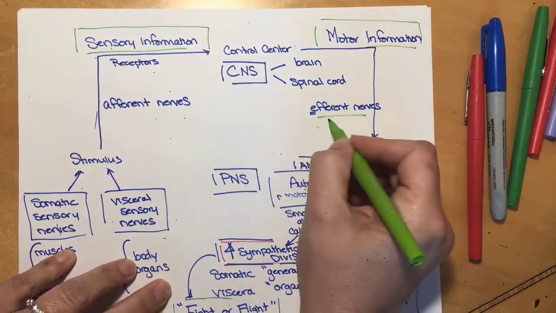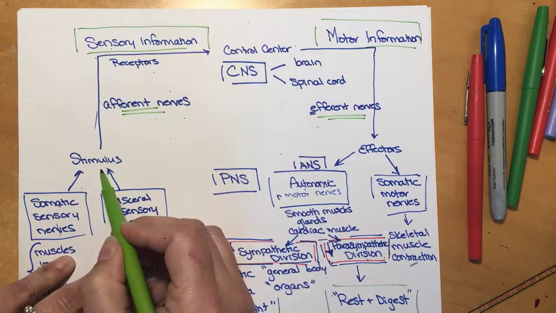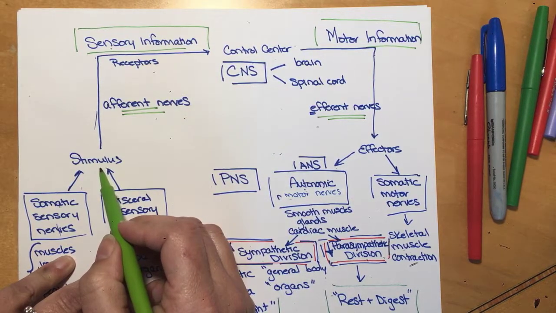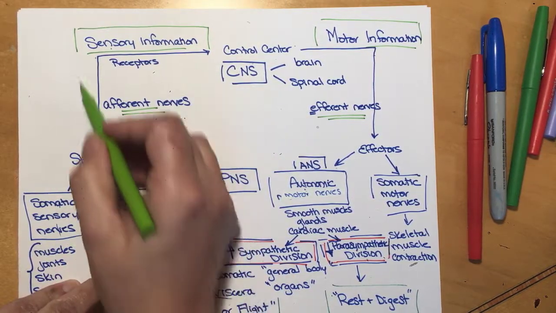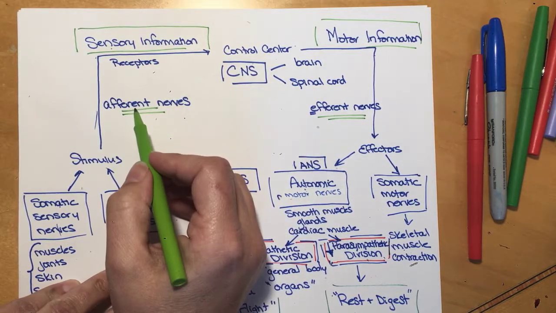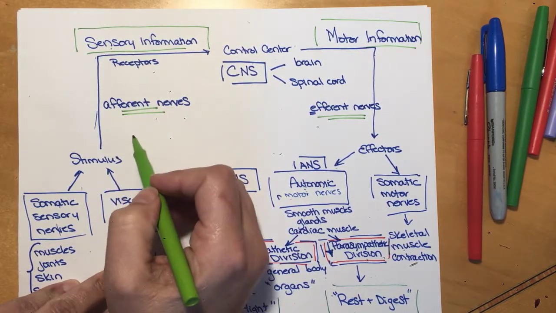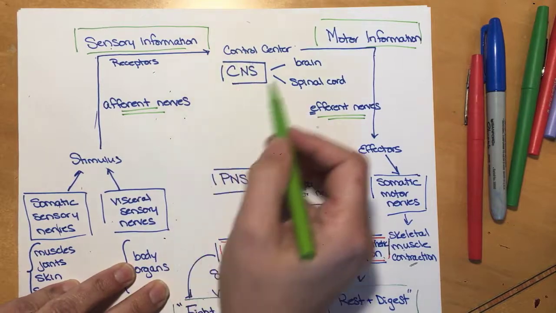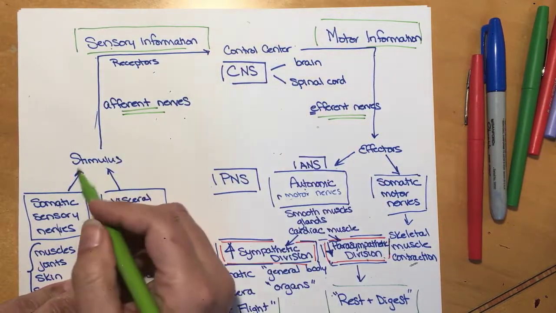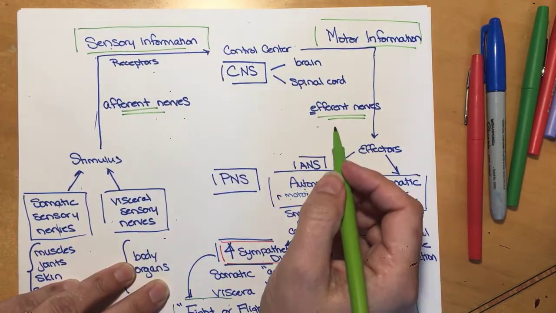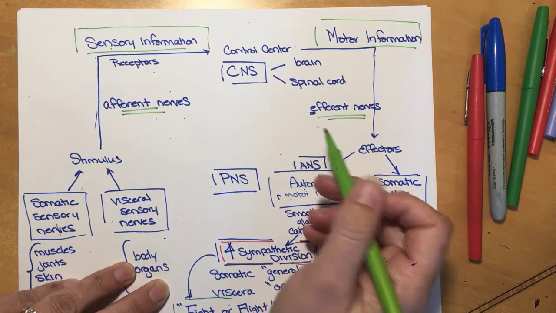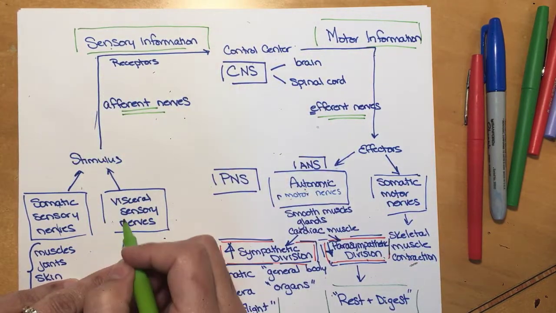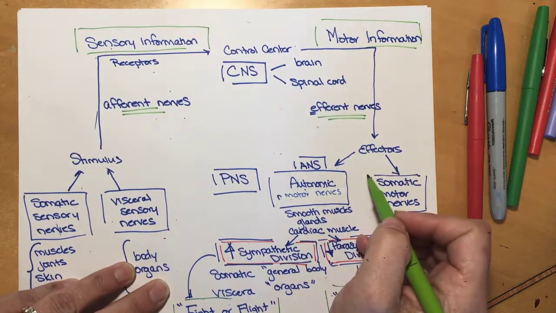So the main points are that the information from the periphery is going to come in on an afferent nerve. That's going to always be sensory information. We're always bringing sensory information to the brain and spinal cord because the brain and spinal cord can't tell what's going on in the periphery without those nerves telling it. Motor information is always going to go out.